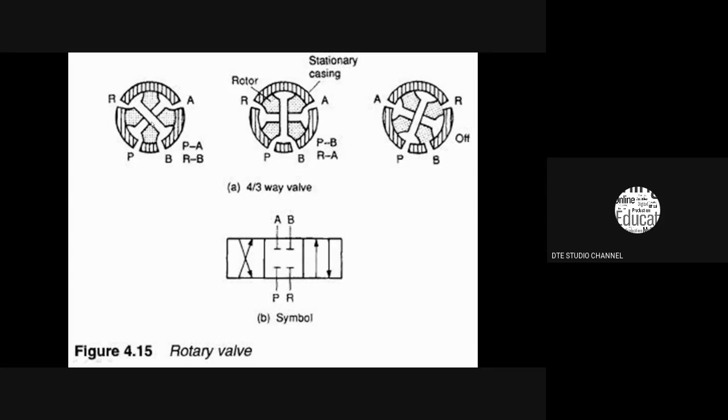In this case, the connection is made from P to A and B to R. Its meaning is fluid is supplied from the pressure port to working port A. And in the same stroke, B is connected to R. Since work is done from end A, the piston is moving, and the fluid at the other end of the piston can flow back to the reservoir from B to R, because connection is made between B and R. Forward stroke takes place from one end of the cylinder, and at the other end, fluid returns from B to R. This is the first position of a rotary spool valve.